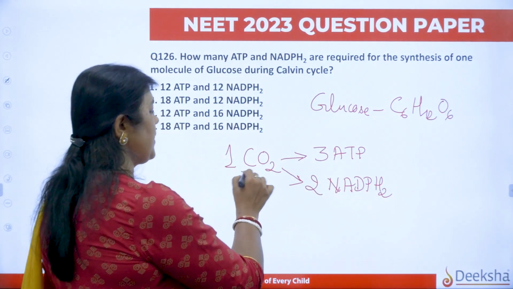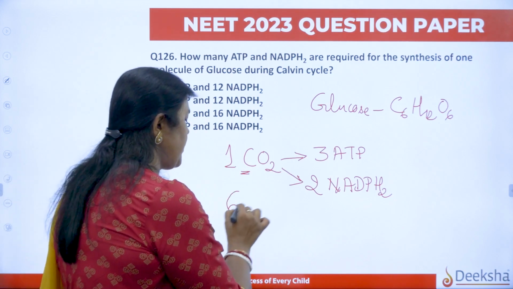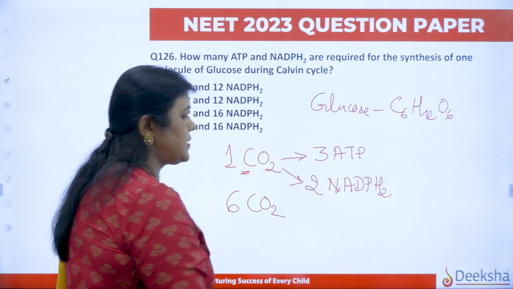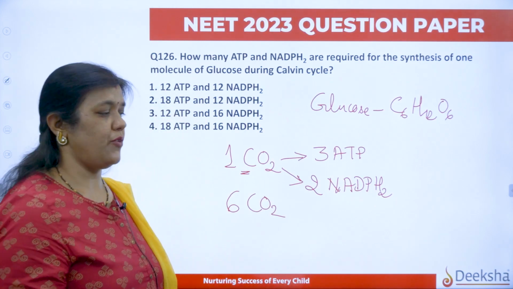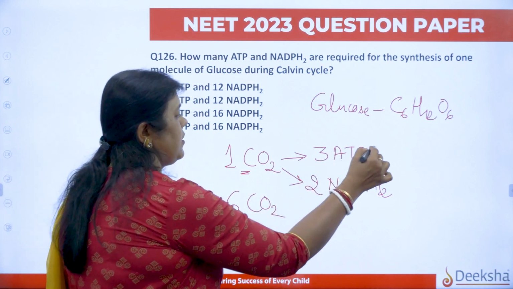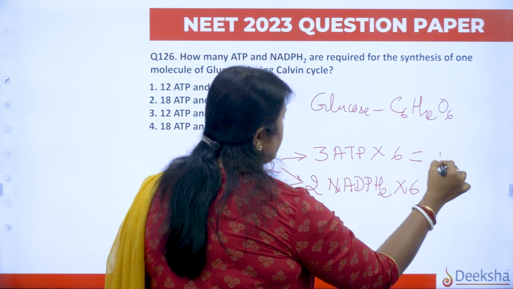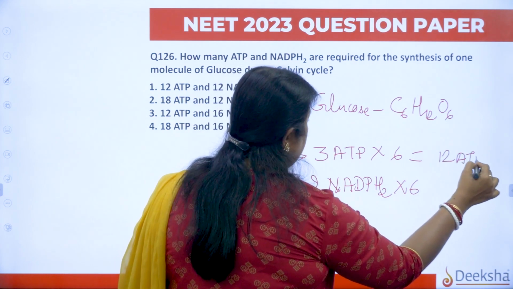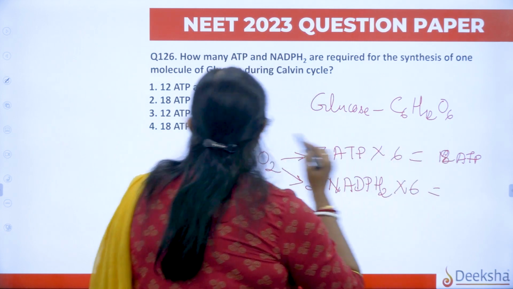To make glucose, as the Calvin cycle says, how many carbon dioxide do you need? You need 6 CO2. So you have to do a simple calculation of multiplying this number with 6 and this number also with 6.